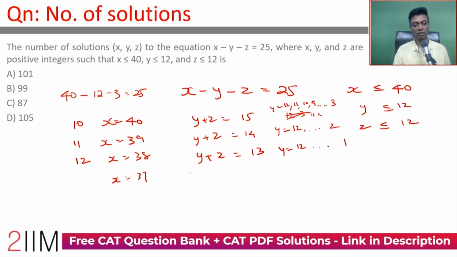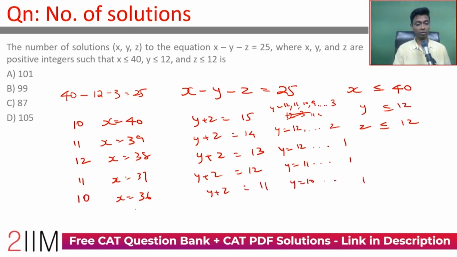When x is 37, y plus z is 12, and since x, y, z are positive integers, y can go from 11 to 1, 11 values. X is 36, y plus z is 11, y can go from 10 to 1, 10 values. So x is 35, y plus z is 10, y can take from 9 downwards, 9 values.